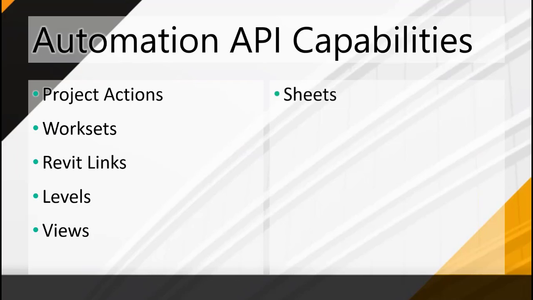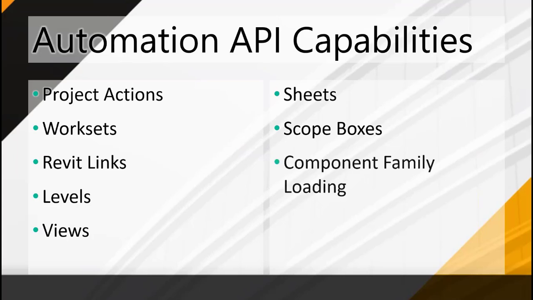You can also, of course, as a good pairing to that, create sheets and manipulate the sheets, change their names, their properties, update sheet numbering, standardize spellings, all of those actions that you would typically associate with sheet work itself. You can also do some limited manipulation of scope boxes, things like copying, renaming, getting some of their properties, using those scope boxes to associate to views, some things like that.